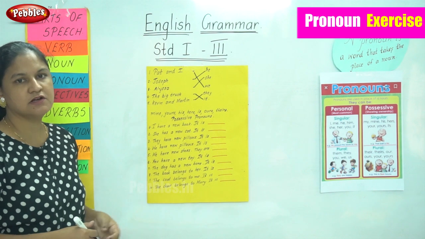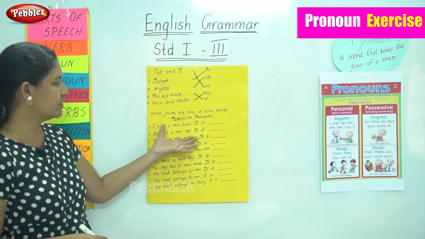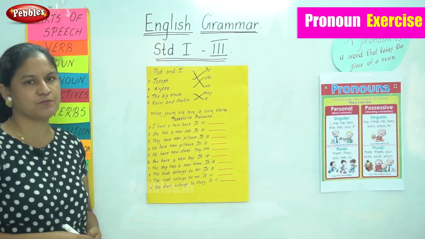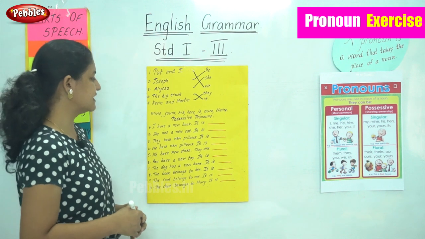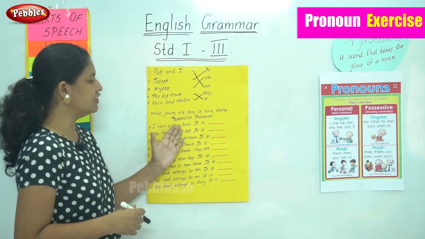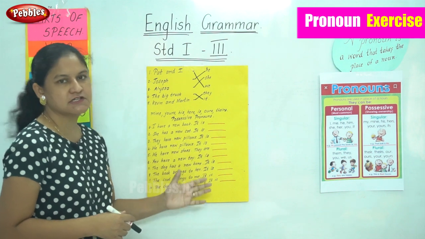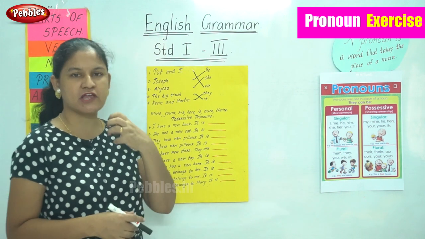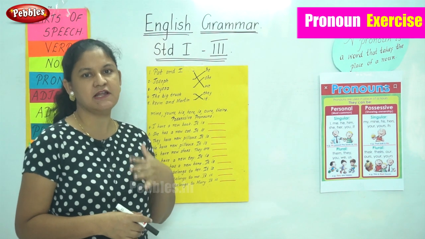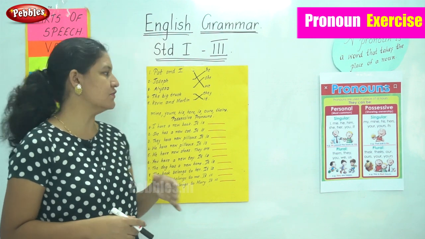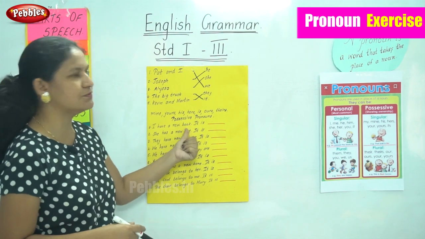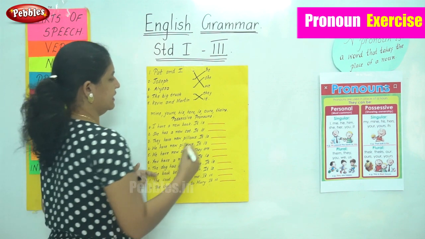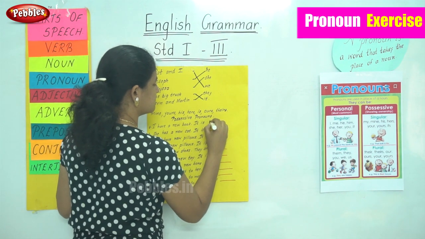These are all the possessive pronouns. The first sentence is, I have a new book. It is, so I am talking about my personal book. So I use the word mine. I have a new book. It is mine.